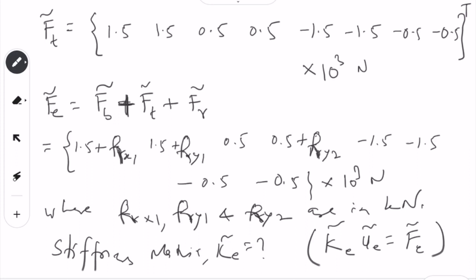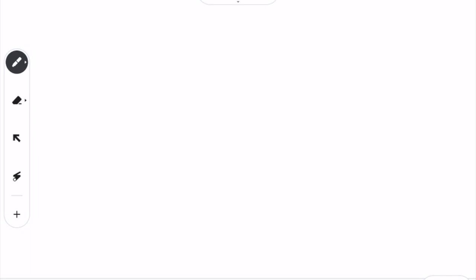Now the next thing is that we have to solve the problem, and for that we need to know the stiffness matrix, so we have to calculate it.